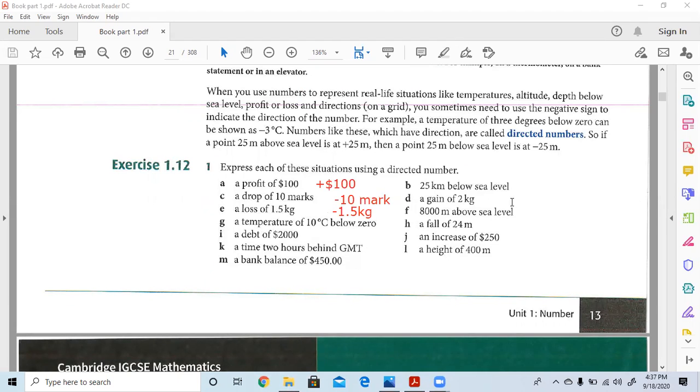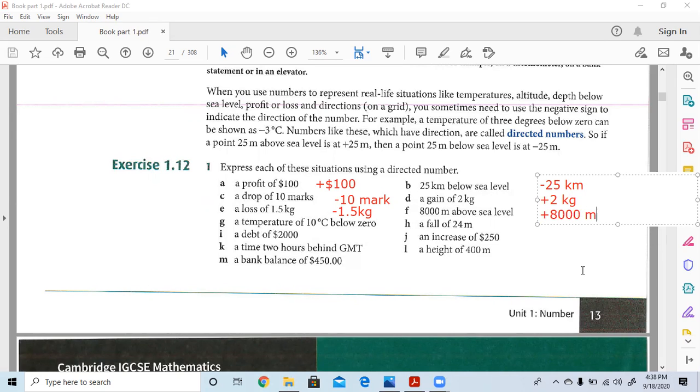These numbers you are also using, like 25 kilometers below the sea level, so -25 kilometers. You just write this one down. Gain 2 kg means plus 2 kg. Next is 8,000 meters above the sea, so here he writes +8,000 meters.